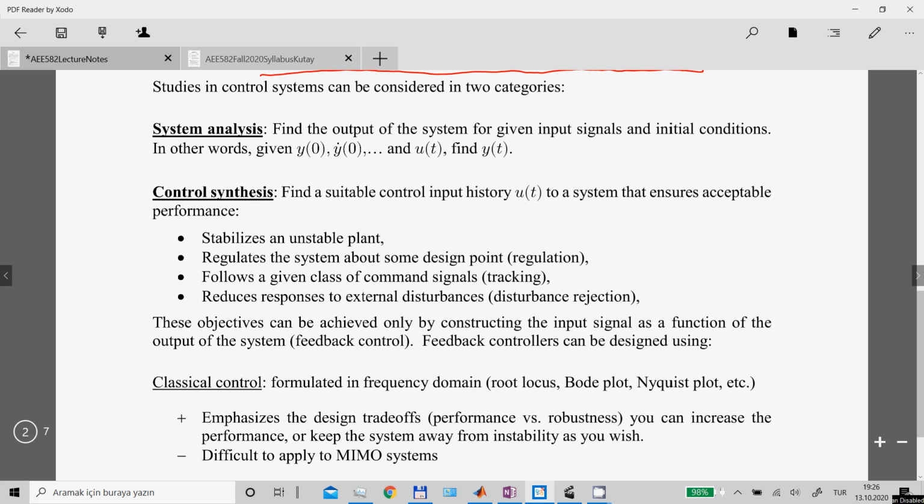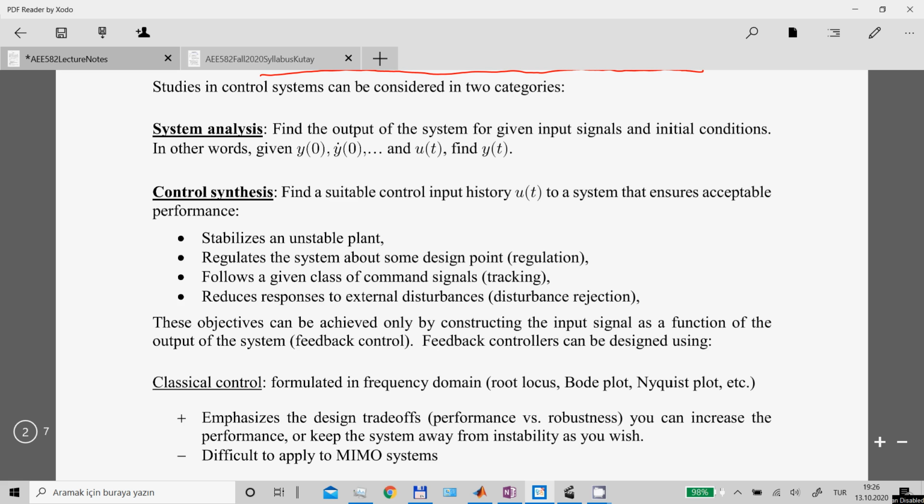While doing that, we may also want the system to neglect the effects of external disturbances. So this is called disturbance rejection. So whenever there's a disturbance input to the system, we want the closed-loop system to not respond to those disturbances. So we consider these are the main things to consider when designing a control system. So we either do system analysis or we do control synthesis. Okay.